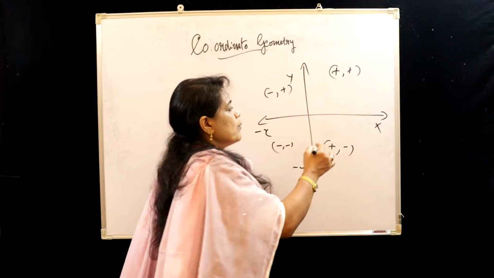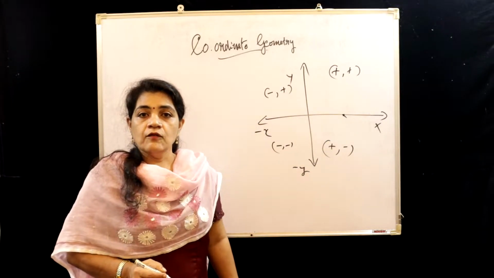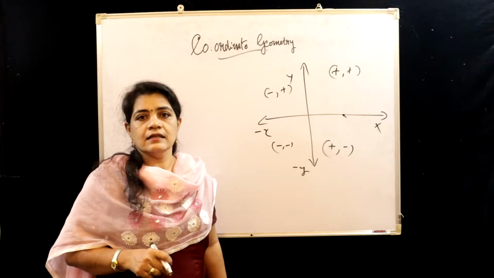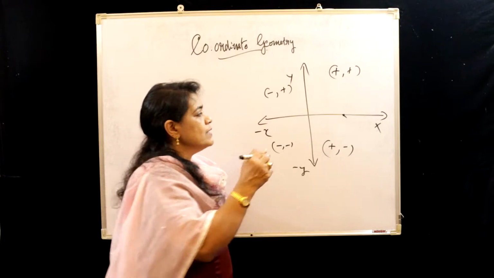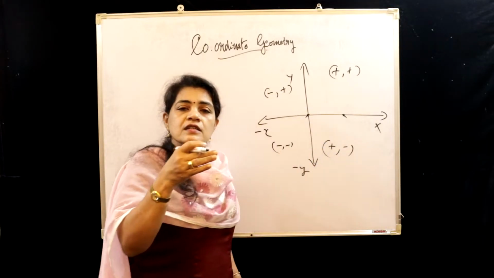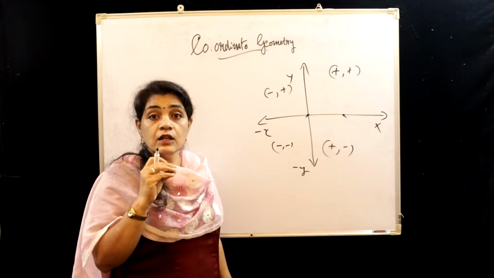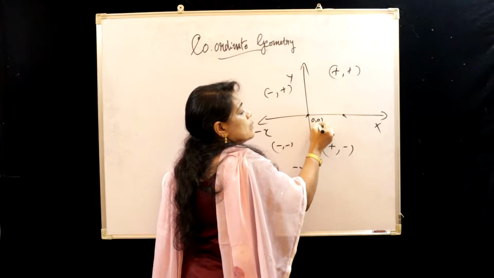Suppose I am marking a point here on the x-axis. We know the general formula: if a point lies on the x-axis, definitely the y coordinate is 0. The point of intersection of both axes is the origin, and its coordinates are 0, 0.